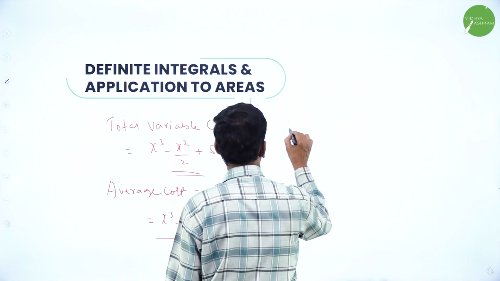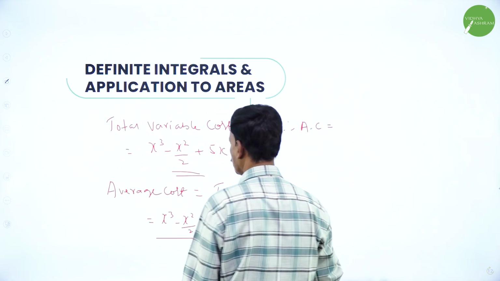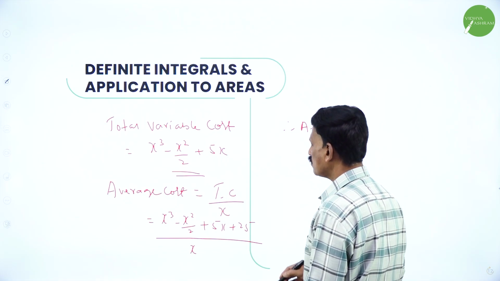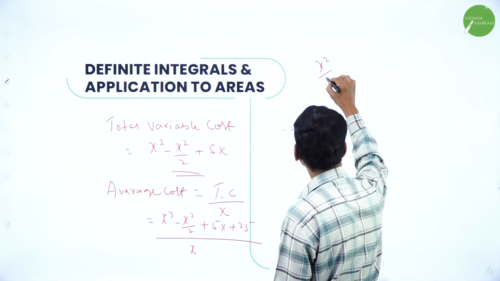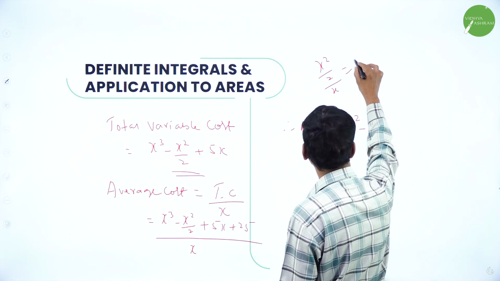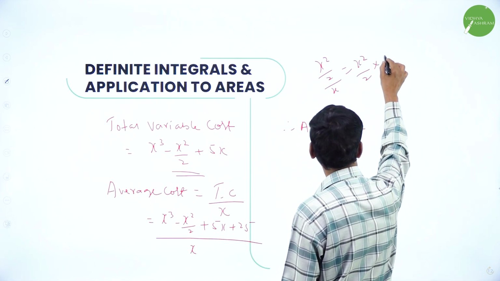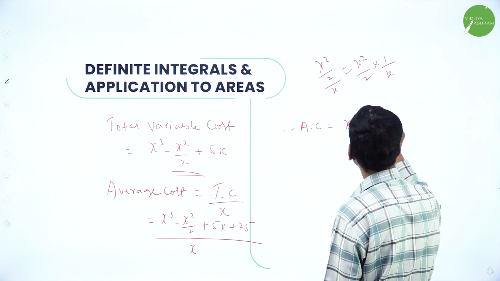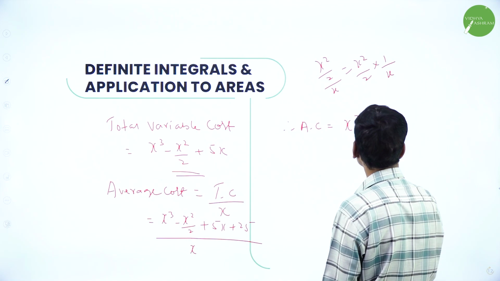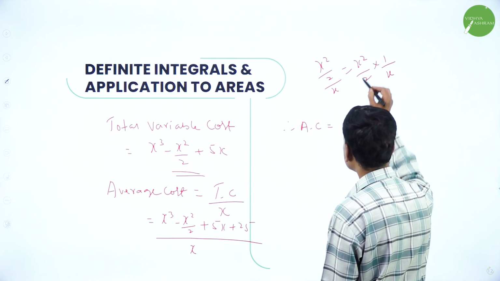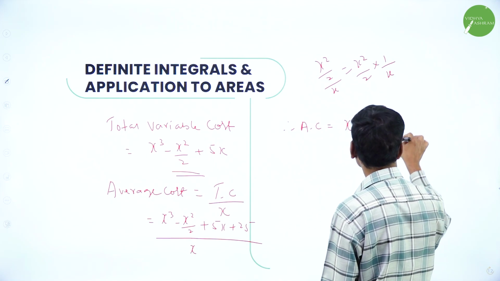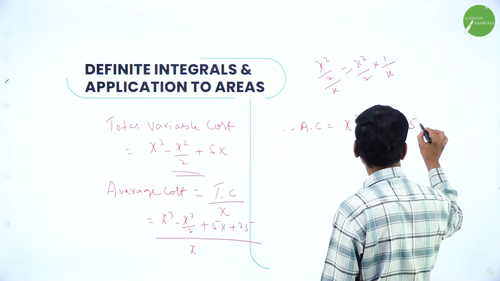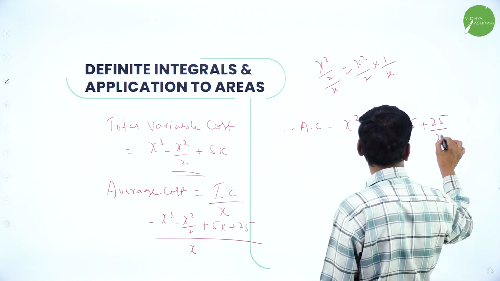So the average cost is equal to x cube by x, which is x square, minus x square by 2 divided by x, that is minus x by 2, plus 5x by x, x gets cancelled, 5, plus 25 divided by x.